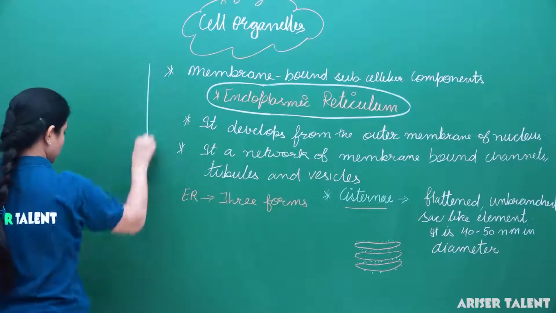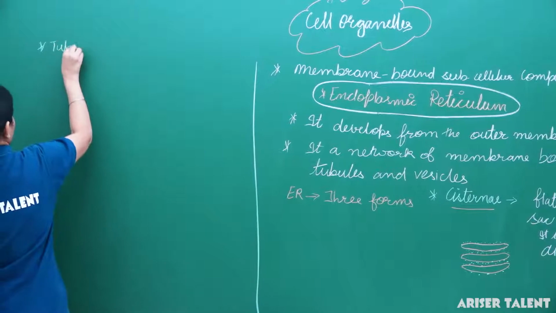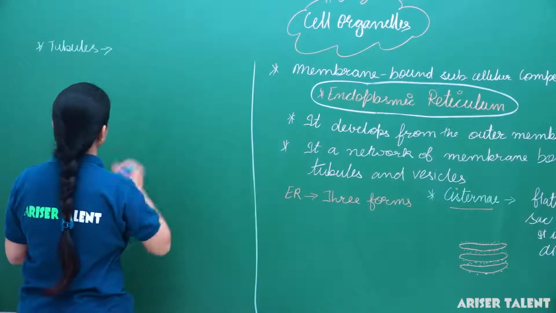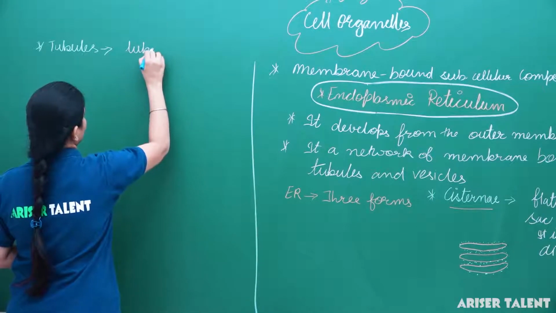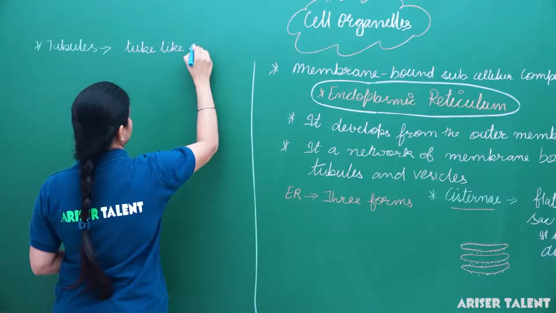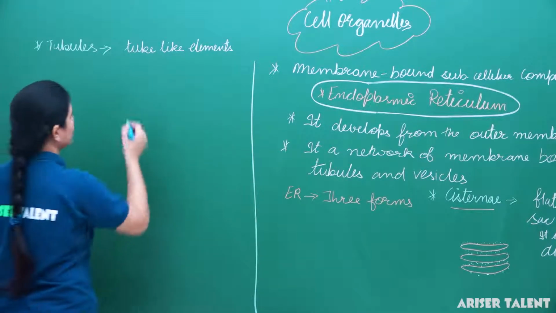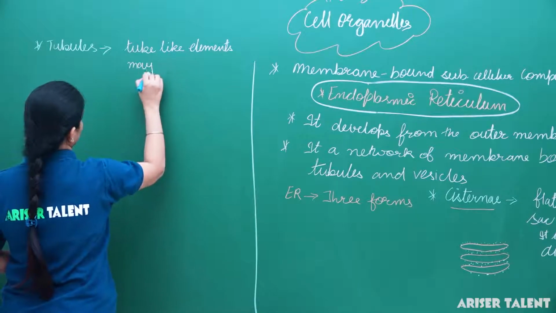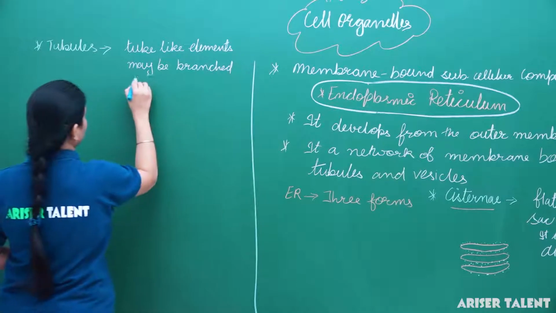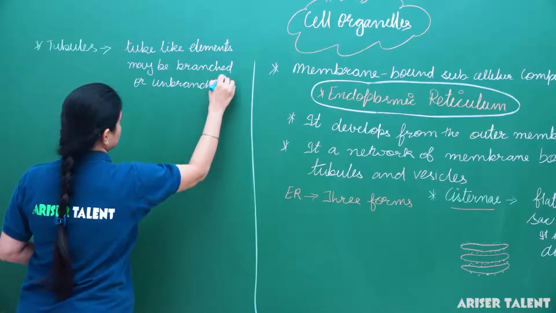Next form is tubule. Generally tubules are tube-like elements. They may be branched or unbranched.